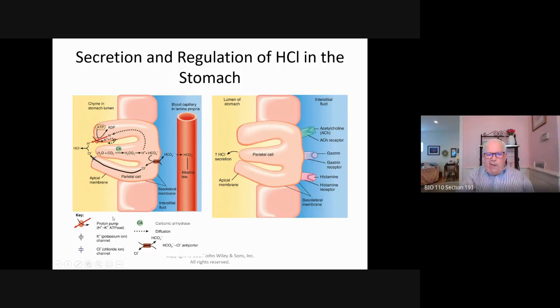The proton pump, because it produces hydrogen, which attaches to chlorine to form hydrochloric acid. Why is that important? Because if you have too much hydrochloric acid in your stomach, you will get an ulcer. You will get gastroesophageal reflux disease.